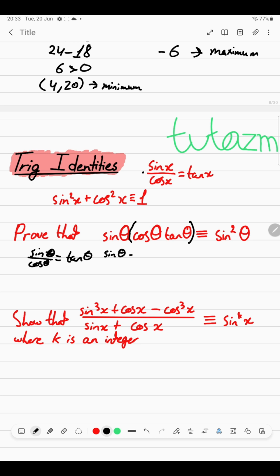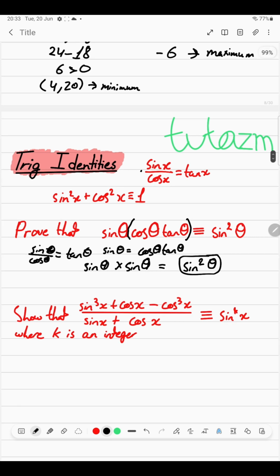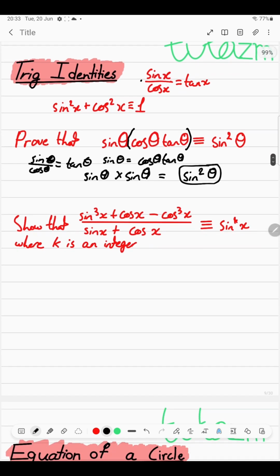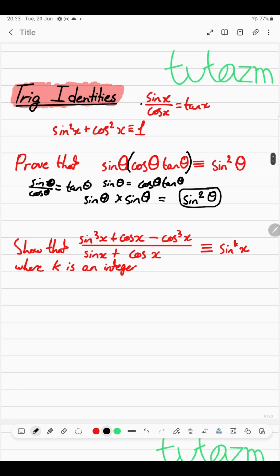So sine theta equals cos theta tan theta, and therefore this is the same as sine theta times sine theta, which is equal to sine squared theta. Alright, let's have a look at a tougher example.